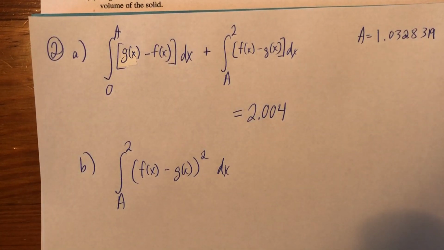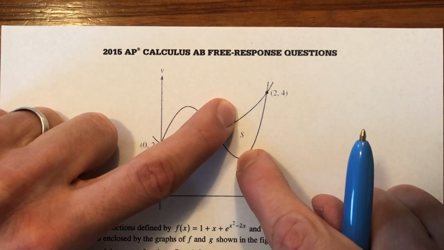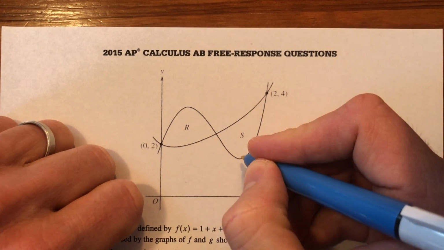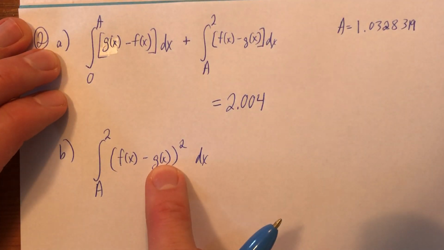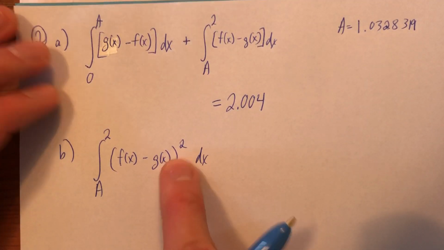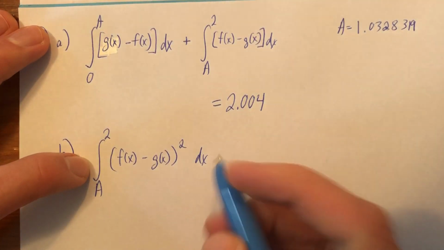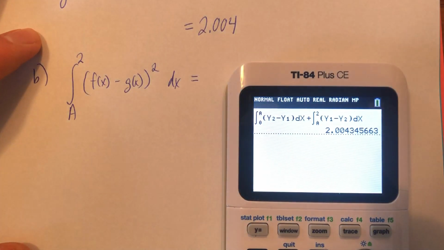The distance between here and here is F minus G. And if I take that distance and I square it, then I have just formed a square. So the distance squared gives me a square. And my integral is going to take all these little squares, add up all their areas, and it's going to give me the volume of something.